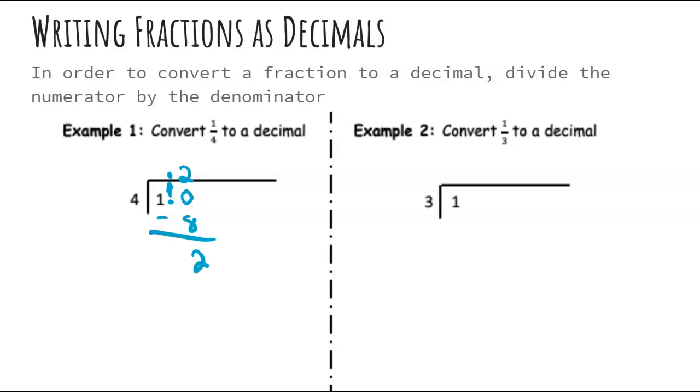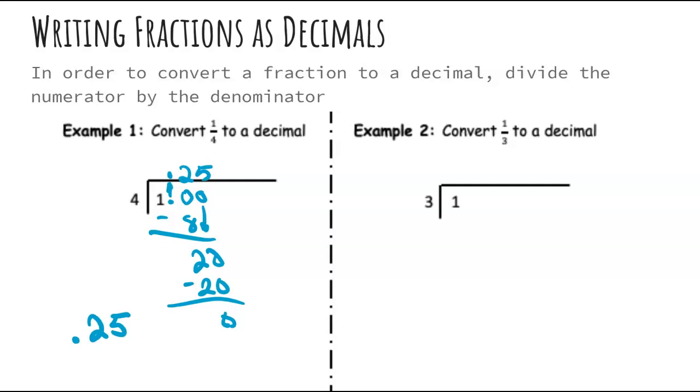As long as I have a remainder, I want to keep adding a 0 until it either stops, like it will in this case, because 4 goes into 20 5 times, and we have 0 as a remainder, or until you see a pattern, something repeats over and over again. That's the difference between our terminating decimals and our repeating decimals. Okay, so 1/4 as a decimal is 0.25.